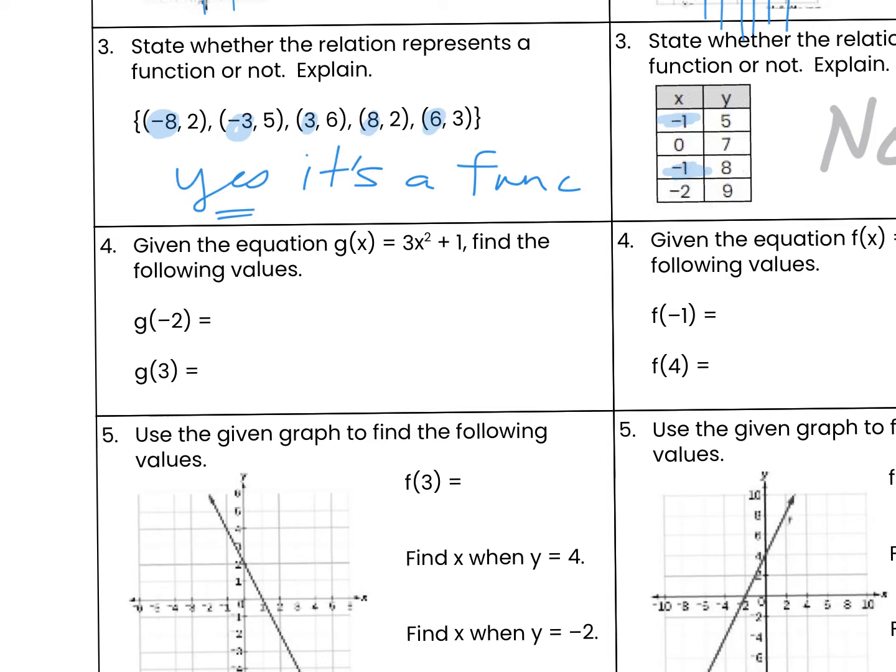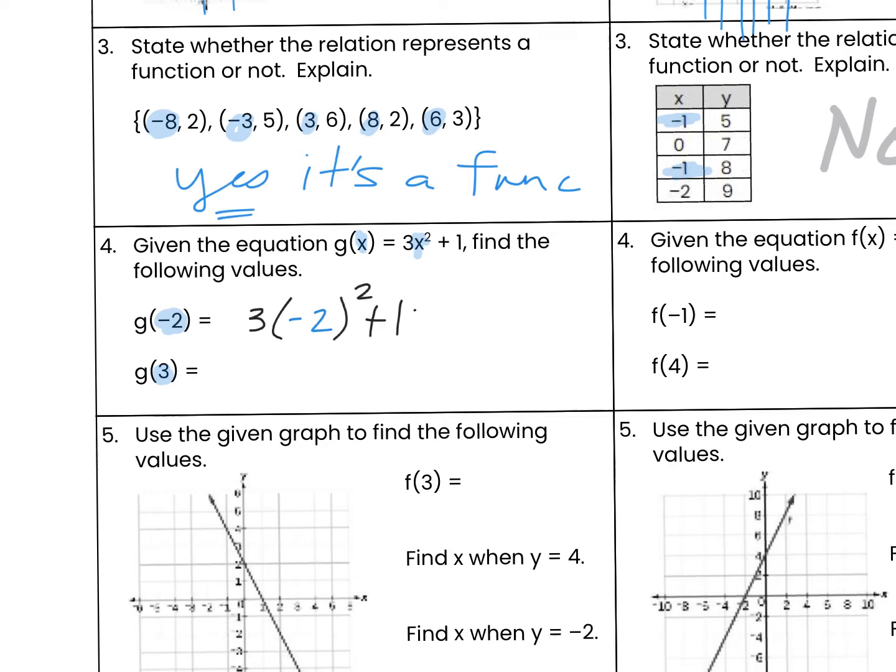Okay, so here, these are my x values inside of g of -2 and g of 3. This means I replace every x right here with the number given to me. So in this situation, I'm going to have 3 times -2 squared plus 1.